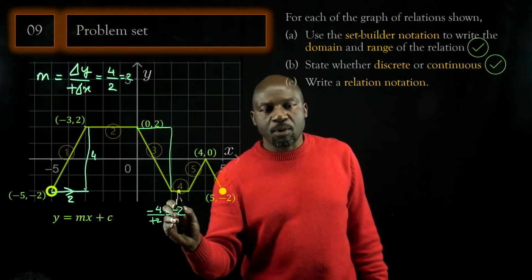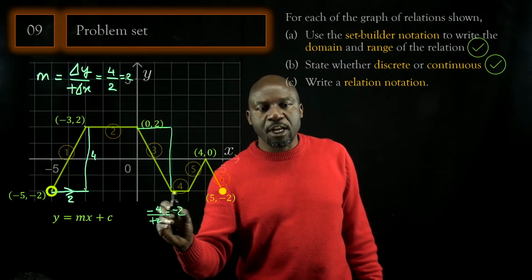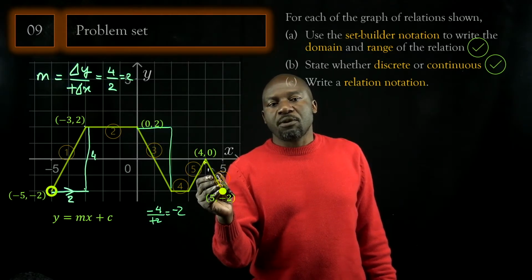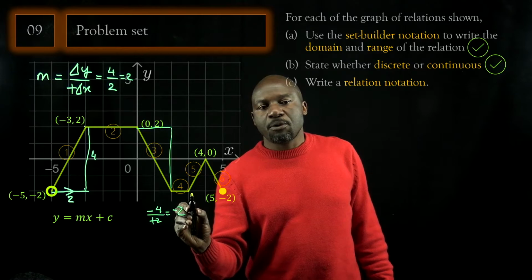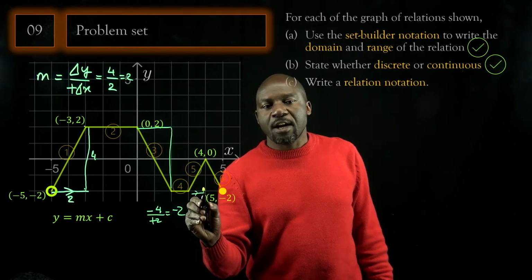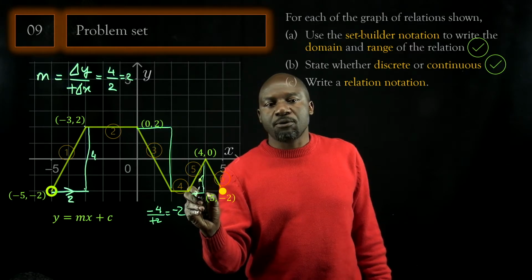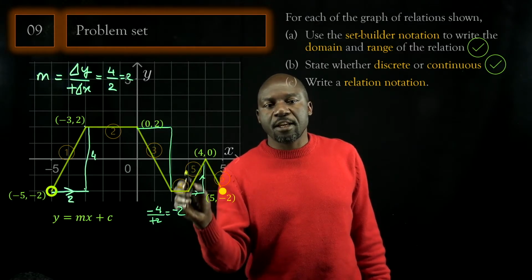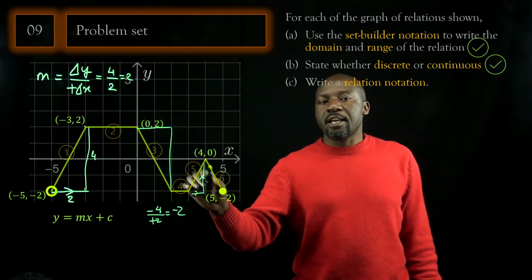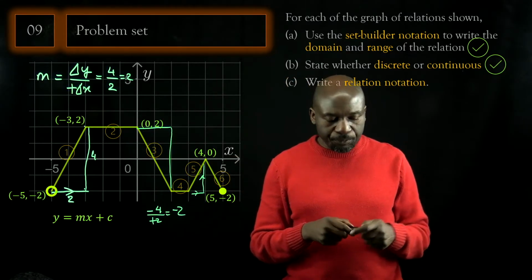What about this one here? This is horizontal, so the gradient is 0. What about this one? This one has a positive gradient, because as I move 1 step in the positive direction of x, I rise 2 steps in the y direction. So the gradient is 2. And similarly, the gradient of the last line is negative 2 for the same reason.